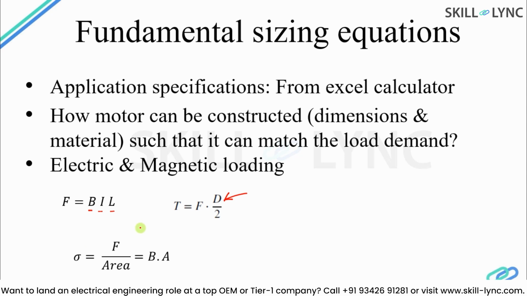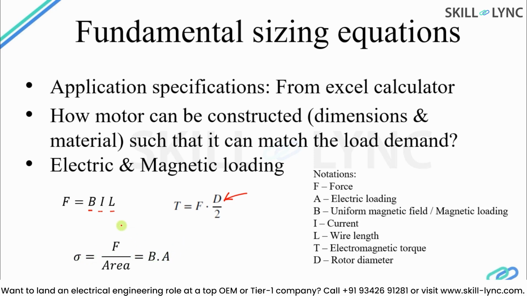Now, if I consider the shear stress which the rotor is going to experience, it can be represented as this equation, where it's the product of B and A, where B is the magnetic loading, or we can call it the uniform magnetic field density in Weber per meter square, and A is the electric loading.